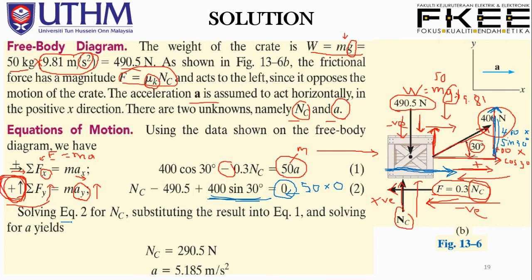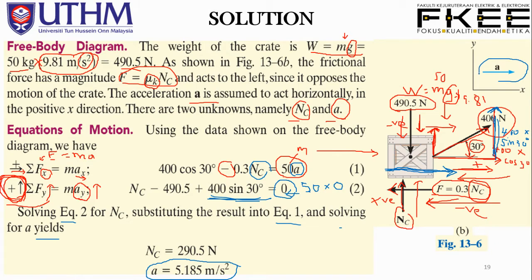Okay, solving equation 2. So now we have two equations with two unknown parameters, which are A and NC. Solving equation number 2, substituting the result into equation 1 and solving for A yields A equal to 5.185 meter per second squared.